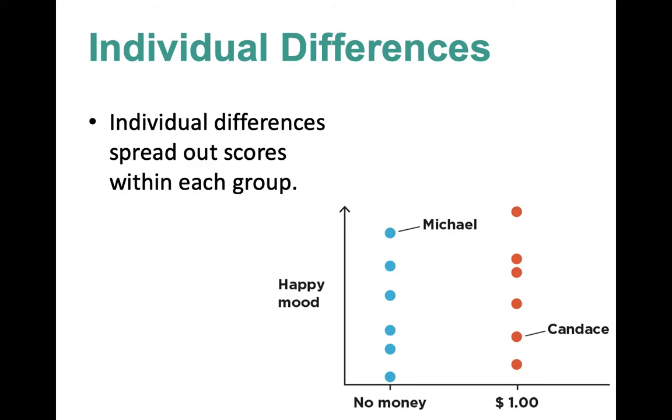I should comment that unlike measurement errors, which are a feature of the measuring instrument itself, individual differences are stable attributes of people. So when we're talking about individual differences, we're talking about personality, we're talking about core affect, a stable disposition to either be in a happy or grumpy mood.